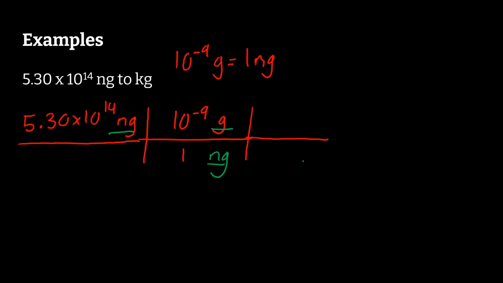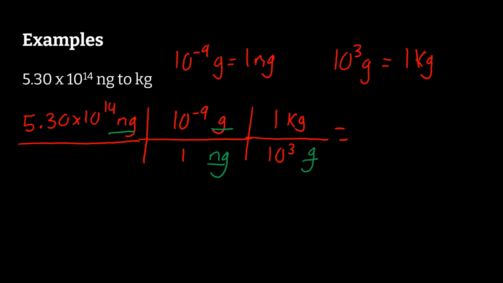Again, grams on top, so grams on the diagonal. If we take a look at the conversion with this, it is 10 to the third grams, which is going to be equal to 1 kilogram. Plugging our numbers in, 10 to the third grams equal to 1 kilogram.